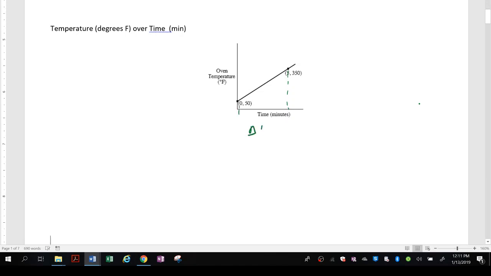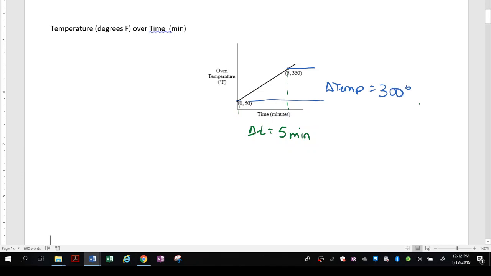So our change in time is 5 minutes. Our change in temperature goes from 50 degrees Fahrenheit to 350 degrees Fahrenheit. So this is our change in oven temperature. Change in temperature. And that's equal to 300 degrees.